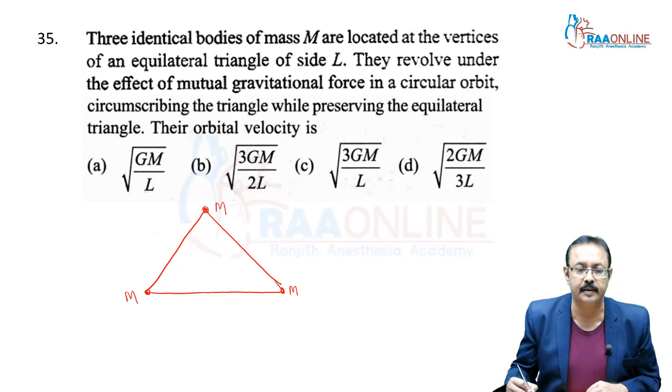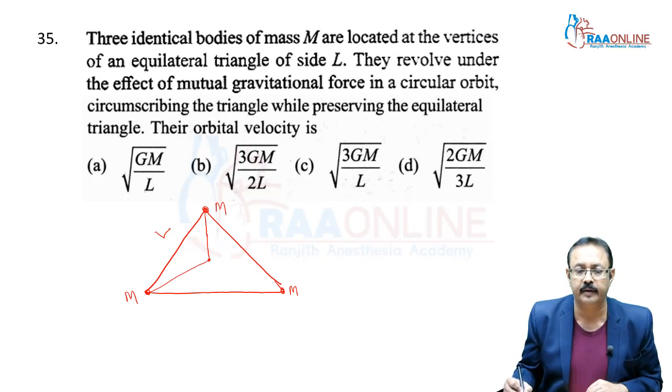And this distance is L. We know that the circumcenter, orthocenter, all types of center in an equilateral triangle are at the same point. So I am going with the centroid. It is the radius of the circle. If the particle is circumscribing the triangle, the radius of the circle should be this.